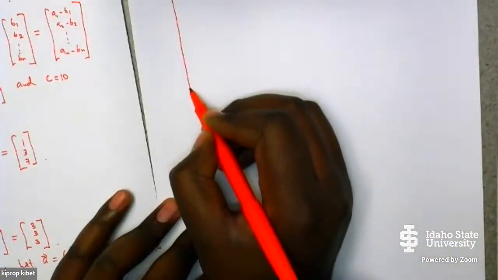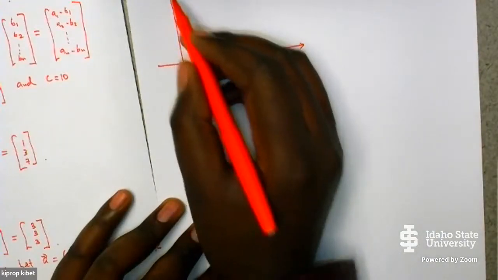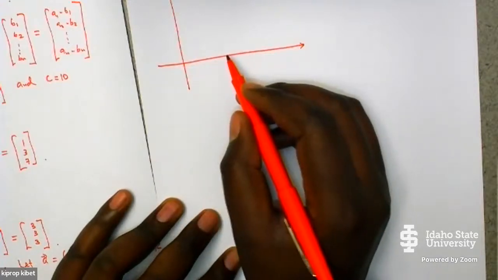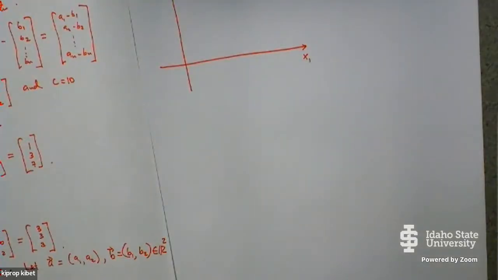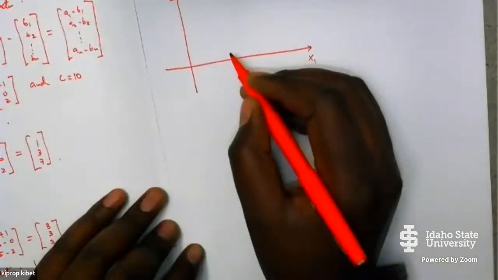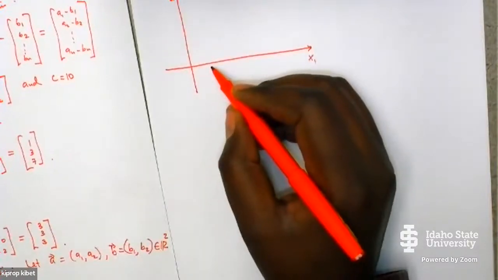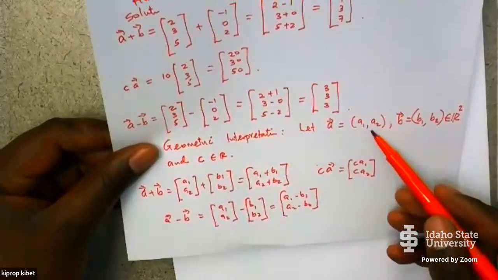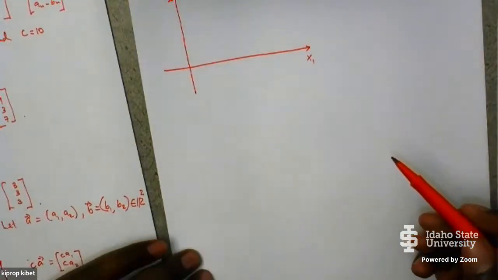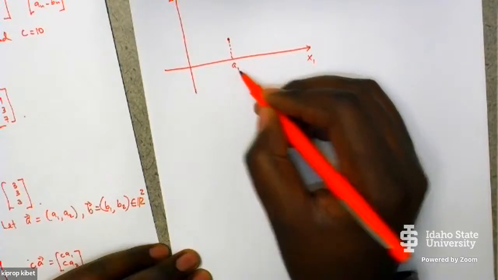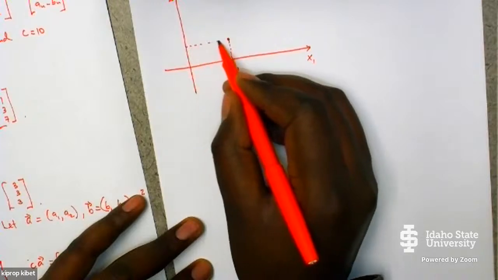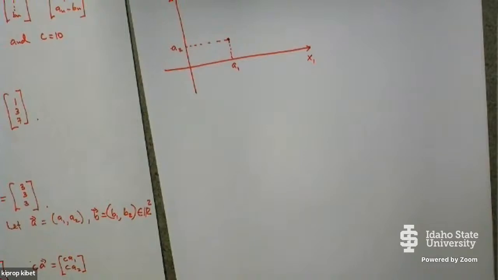Now, the first one, A plus B. If we say this one is X1 and this one is X2, and the first vector is A1 and A2, if we want to locate A1, A2, we put this point as A1 and this other point as A2.